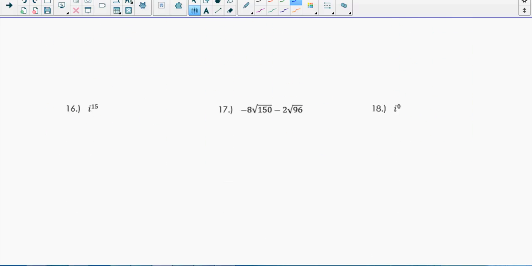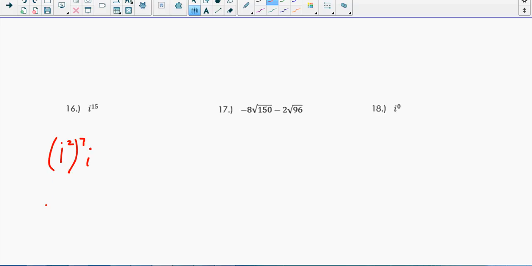Alright, now let's check the bottom. I want to simplify i to the 15th. This would be a really good time to pause this and try this problem as well. Okay, so i to the 15th, let's check and see how you did. I start with the same thing, i squared. I raise it to the 7th power, but 2 times 7 is 14, so I have to multiply by one more i to make 15.